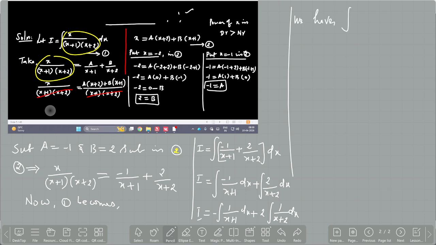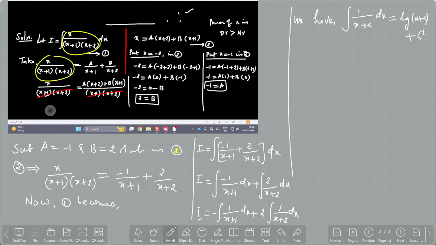Integral of 1 by x plus a into dx equal to what? Don't bother about the plus or minus constant. What is the power of x? 1. Then we can write log of x plus a plus c.